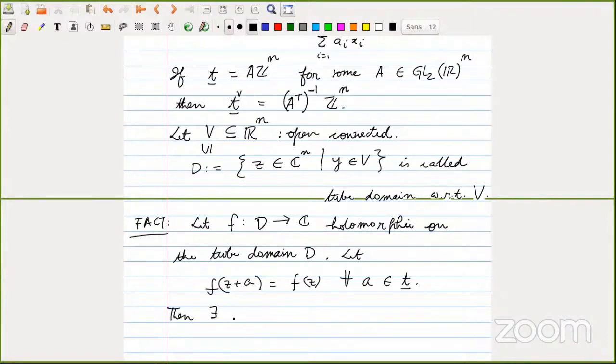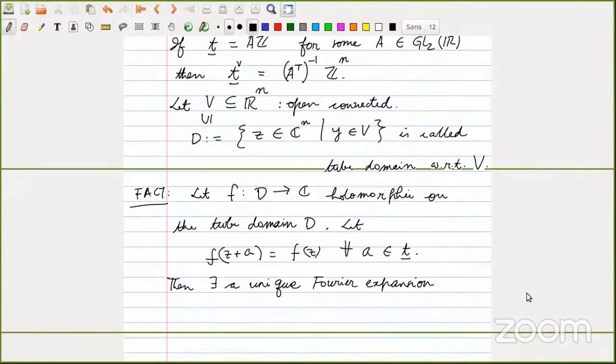Then there exists a unique Fourier expansion, given by f of z equal to the sum over g belonging to T underline dual of a_g times e to the power of 2 pi i s of gz.